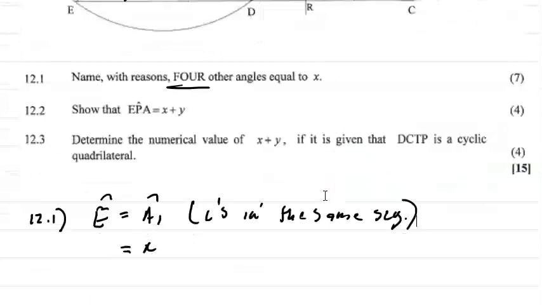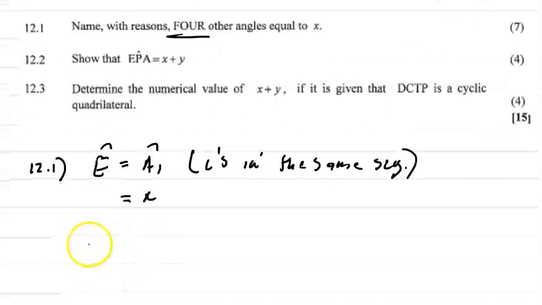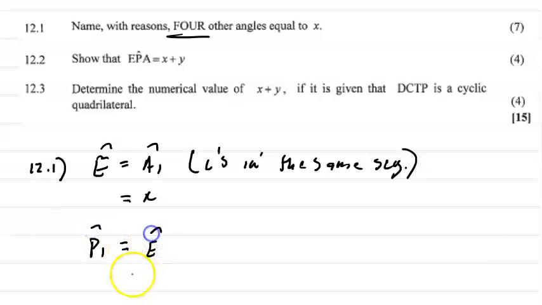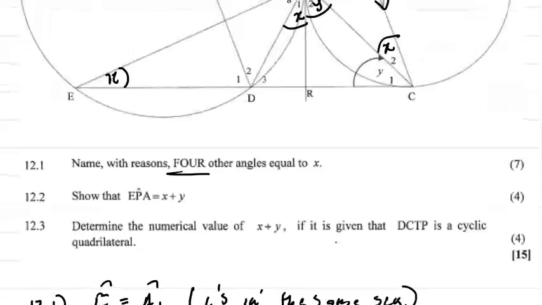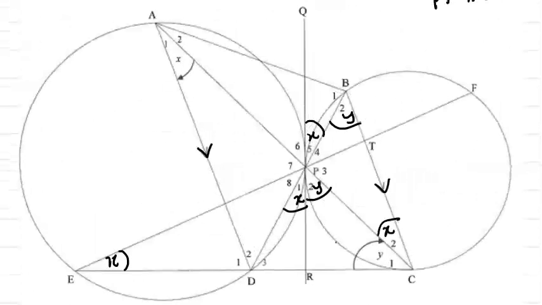So let's write that down. P1 equals E equals X, and that is tan chord theorem. And then one of the first things that we wrote down here was that A1 is equal to C2 equals X, and that is alternate angles. So let's write that down.